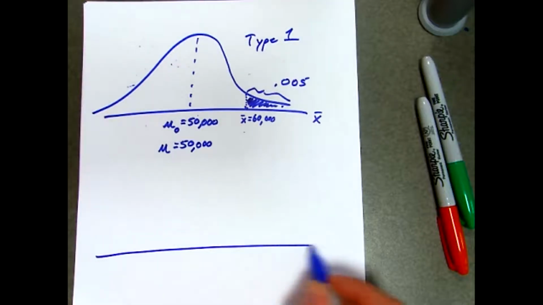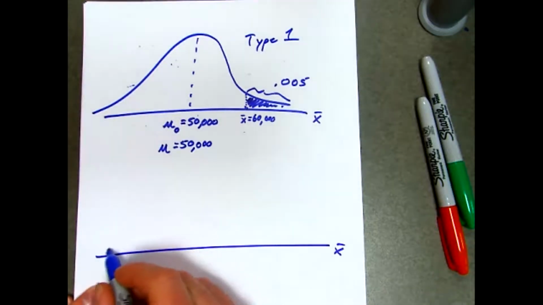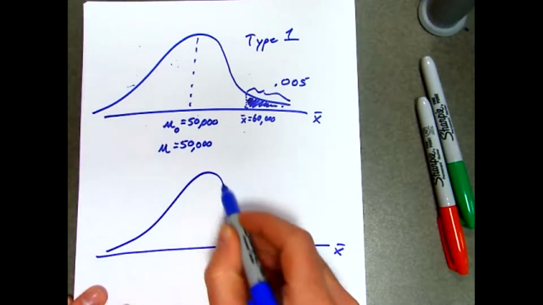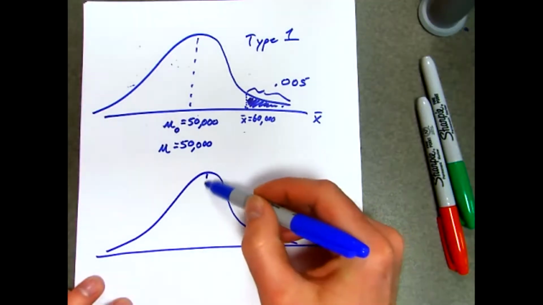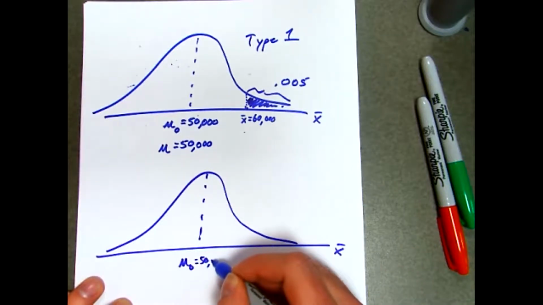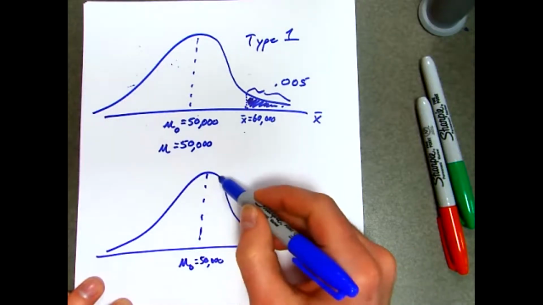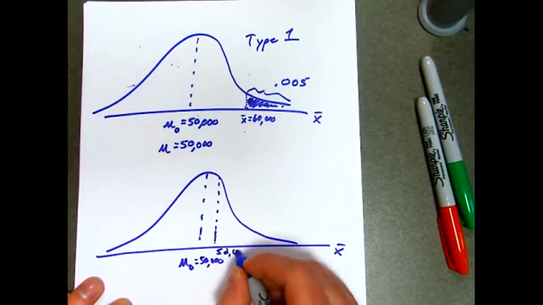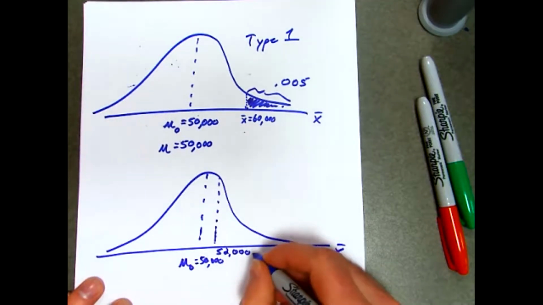Type 2 errors are a little bit harder to think about, but I think I can give a decent visual here. So let's do the same setup, right? And maybe I see 52,000 as my sample mean.